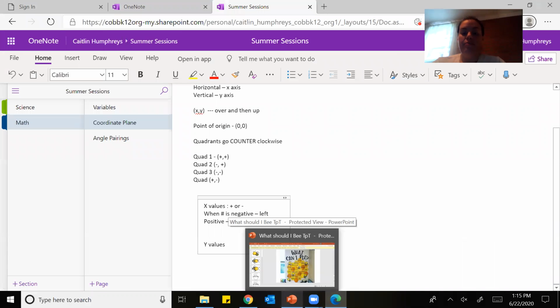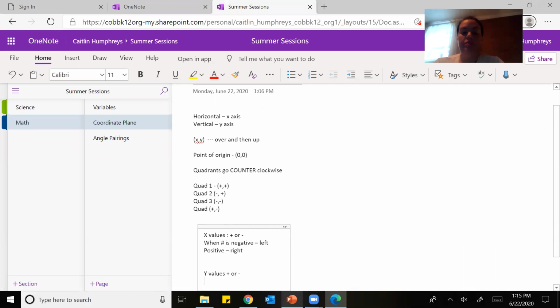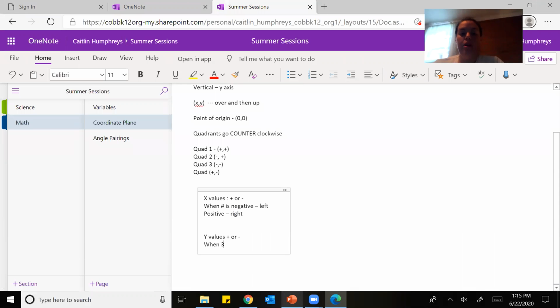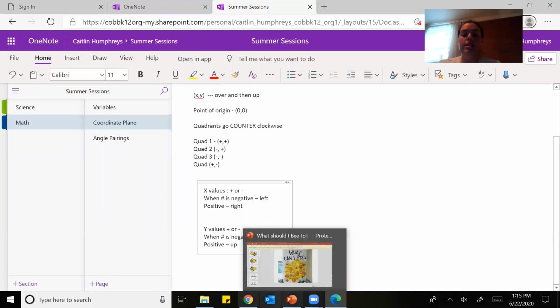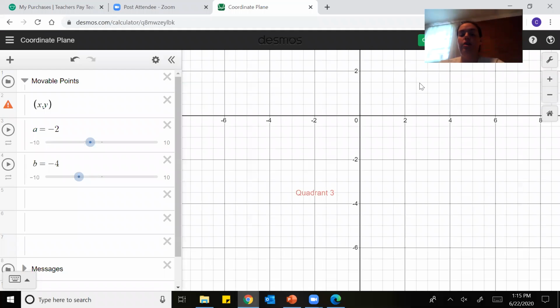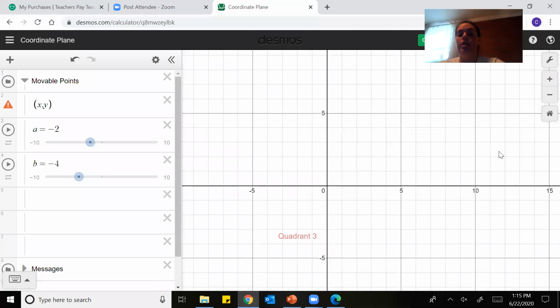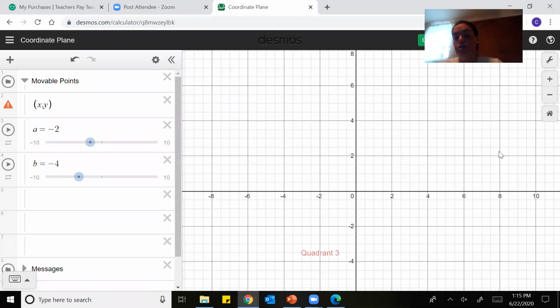So y values can be positive or negative. When the number is negative, you go down. Positive, go up. So that is literally a refresh of both how we plot and read a coordinate plane.